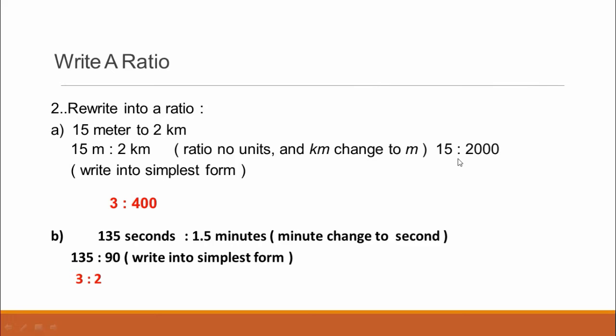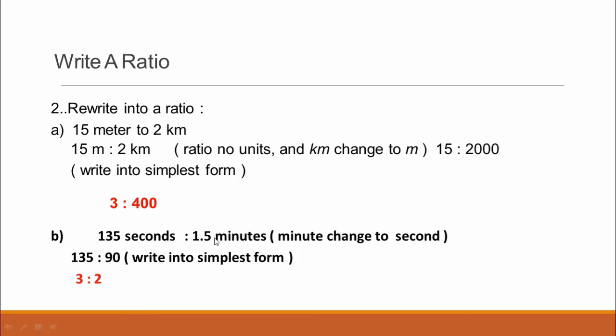Dividing both sides by 5, we can write 3 ratio 400. And the second example for this rule: 135 seconds and 1.5 minutes. So convert the minutes to seconds. Which quantity will be converted to the other quantity? Convert the largest unit to the smallest unit.